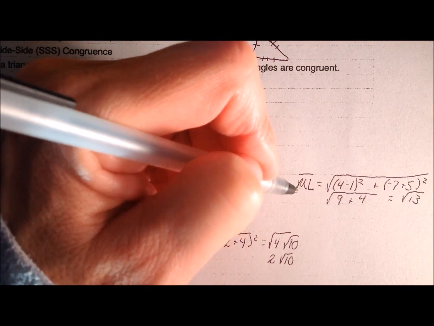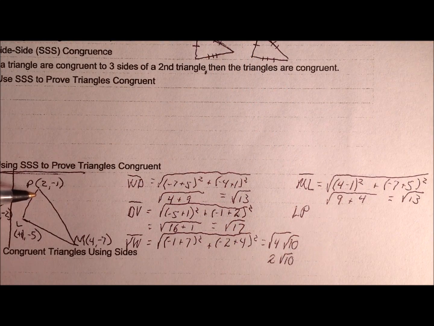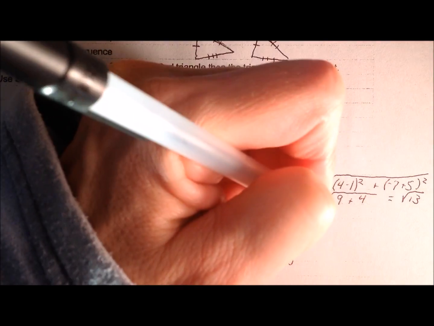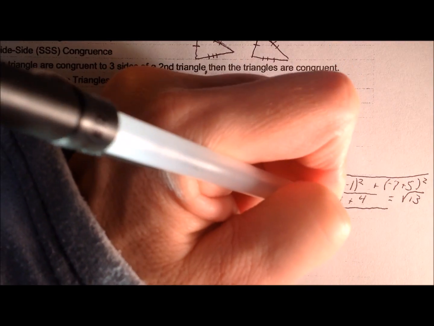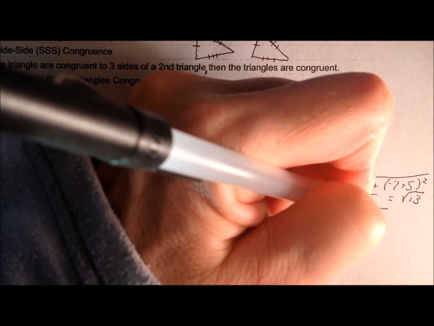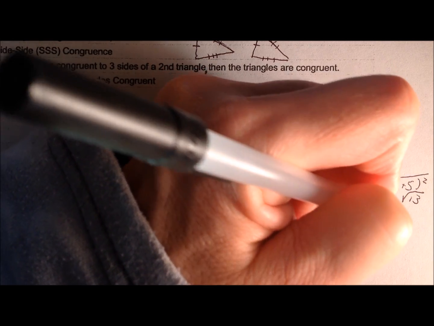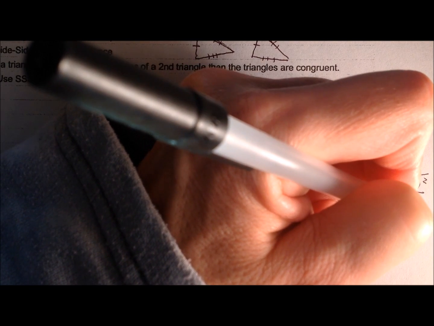And next we'll take a look at segment LP. LP corresponds to side DV. So we have our x coordinates of 1 and 2, and we'll square those, and then we'll add that to the y coordinates of -5 and -1, so it's going to be -5 plus 1.